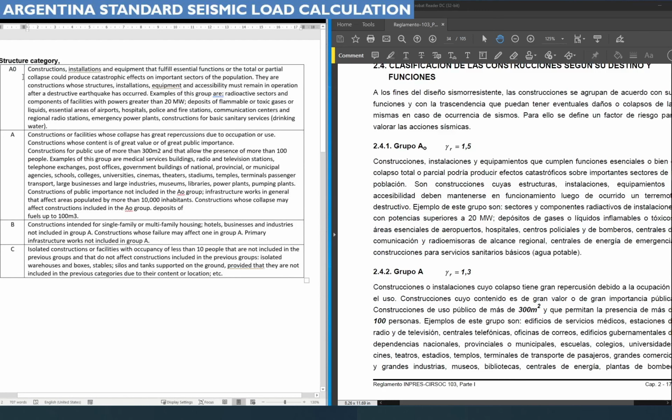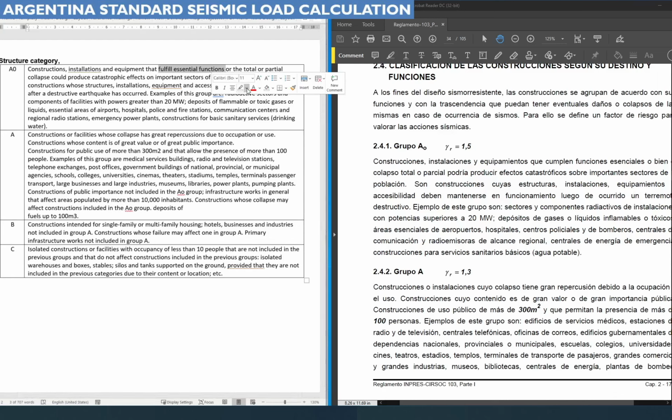A0, you can see on the left-hand side, is constructions, installations and equipment that fulfill essential functions, whose total or partial collapse would be critical. So generally A0 is a structure category which falls under essential function. When there is an essential function kind of structure, we need to fix this as category A0.